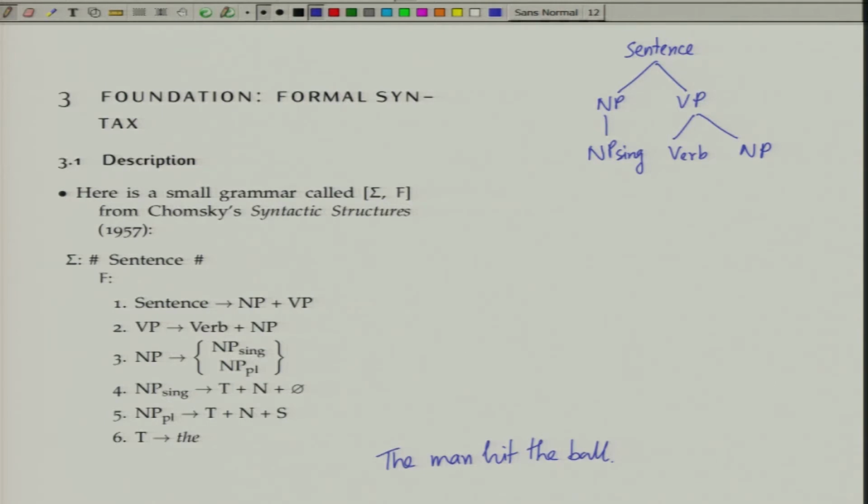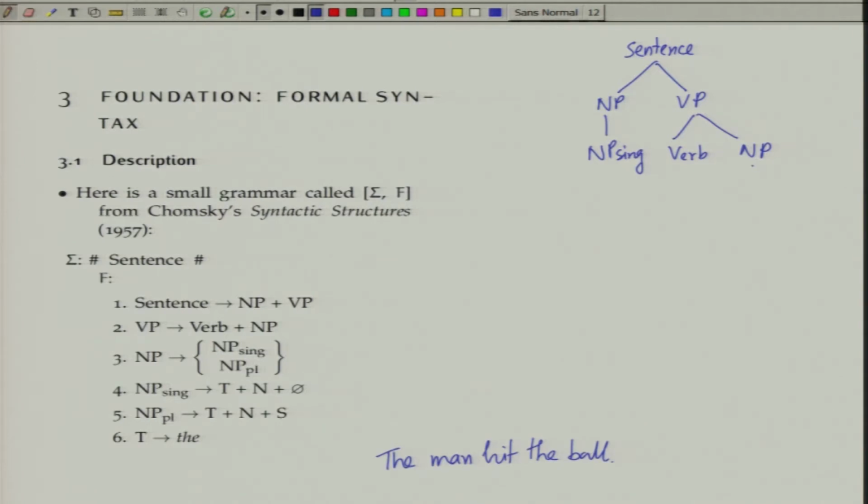Now, in the old format, this step would look like NP sing plus verb plus NP, which is not something we are following this time. But we can see the equivalent derivation in the tree format also.